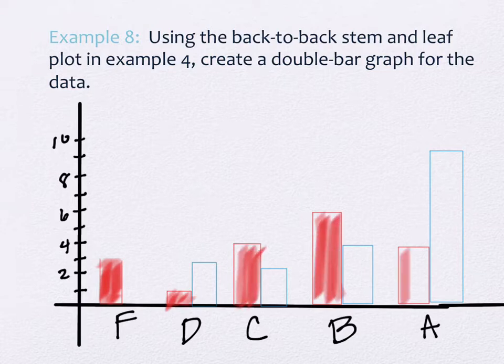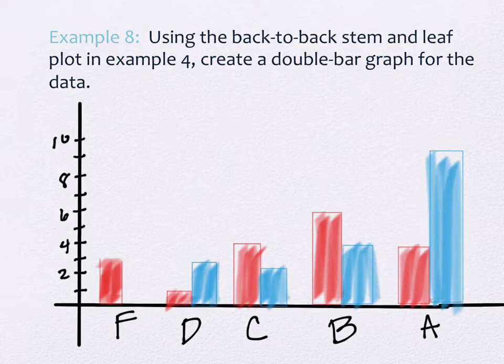Okay, so the colors are really helpful for this because we're actually going to need to distinguish what's going on when we write our title. So exam 1 are the red bars, exam 2 are the blue bars, right? All right, and my labels are much the same. These are letter grades, or you could just say grades if you wish, and this is frequency.